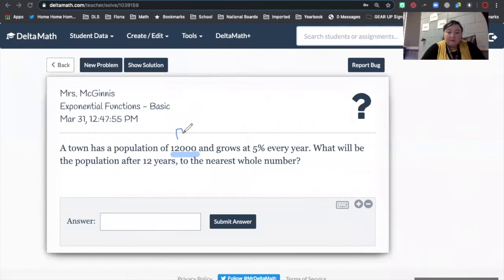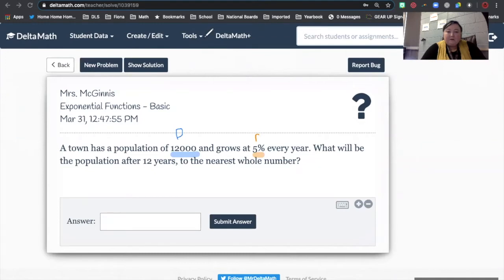And it says it grows at a rate of 5% every year. So 5% in this case is our R value, our rate.